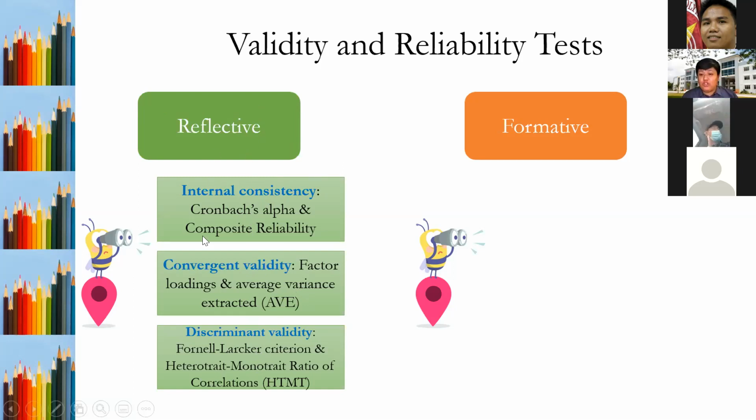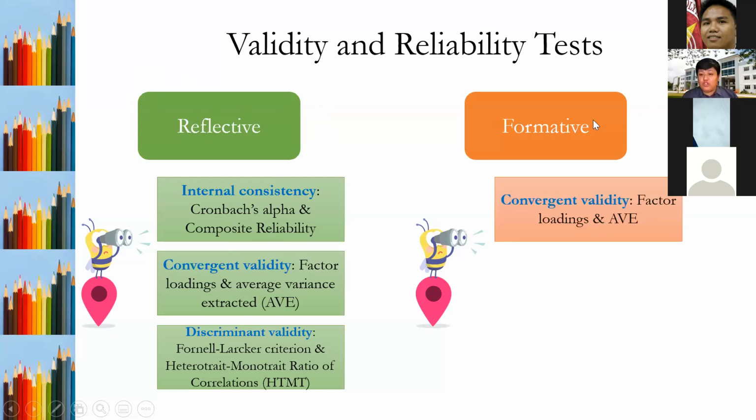So those are the requirements in order for us to prove that our constructs used in the study are valid and reliable. Remember, we use this if our construct is a reflective construct.